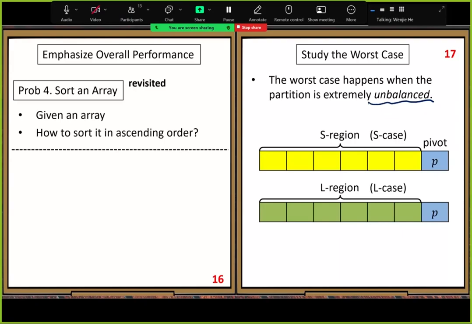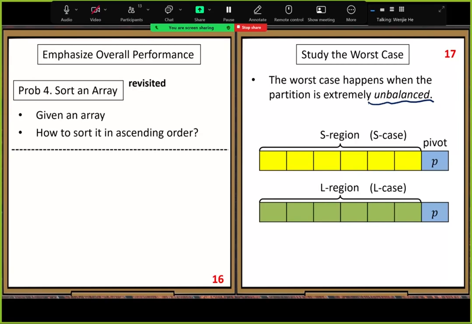If for every partition step you have one of the two extremal cases, then at the end you get the slowest worst case.